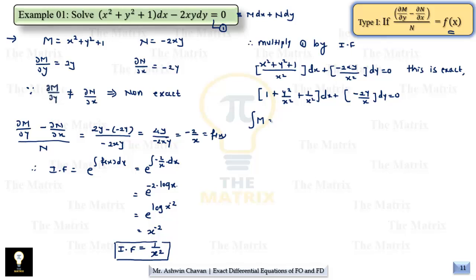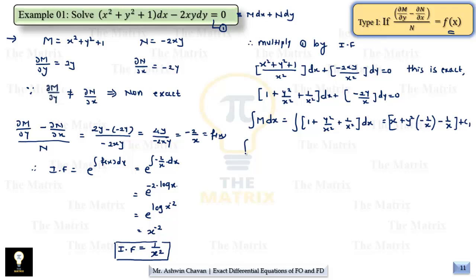Integrate with respect to x. So the integration of M, that is (1 + y²/x² + 1/x²), with respect to x gives us the integral of 1, which is x, plus y². The integral of 1/x² is -1/x, because the derivative of -1/x is 1/x². Similarly, the integral of 1/x² is -1/x, plus say c1.